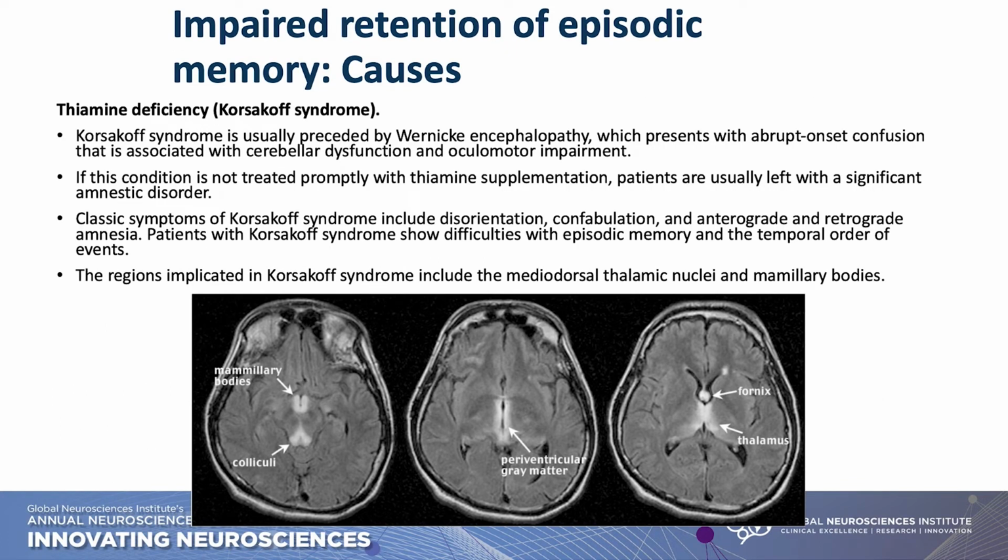Certain metabolic deficiencies, like thiamine deficiency, classically present with an amnestic profile. It's really not a medial temporal lobe problem, it's an extended network problem where you have thalamic and mammillary body problems. But clinically, when you test them, they look the same.